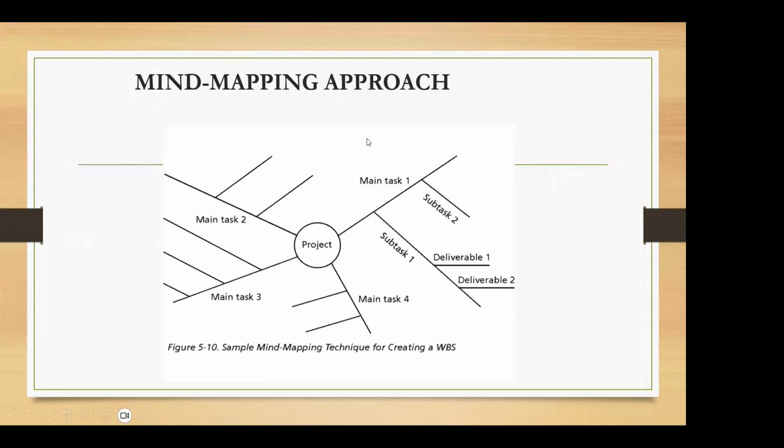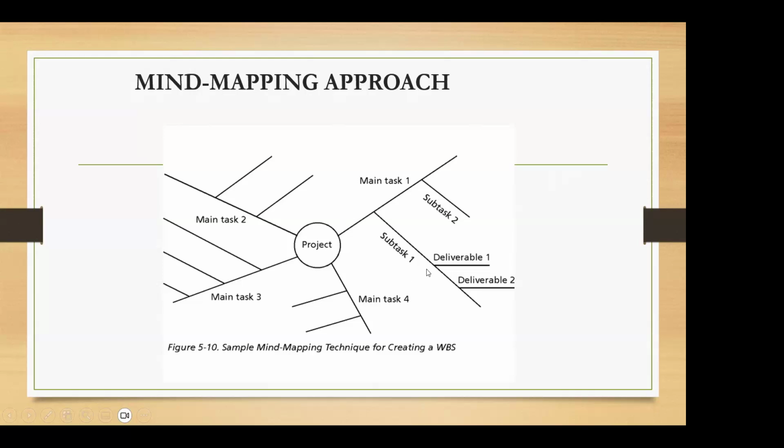The mind map will look something like this. You have the project in the middle, and you have main task 1, main task 2, main task 3, 4, likewise. Main task 1 will have subtask 1, subtask 2.